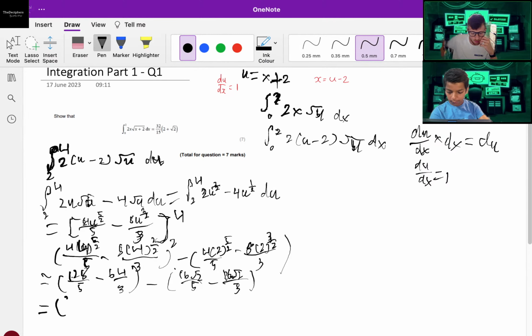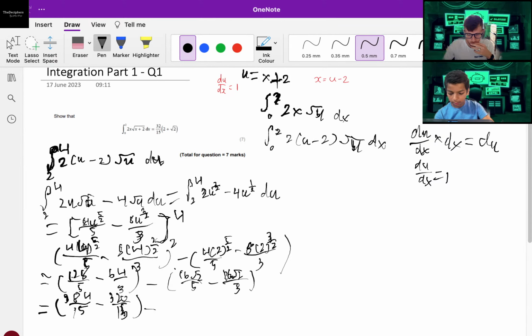That's 384 divided by 15, remember, and then 64 times 5 is 320 divided by 15.